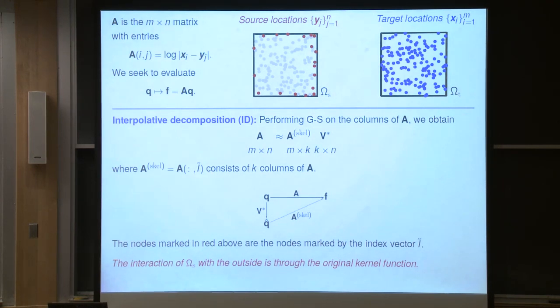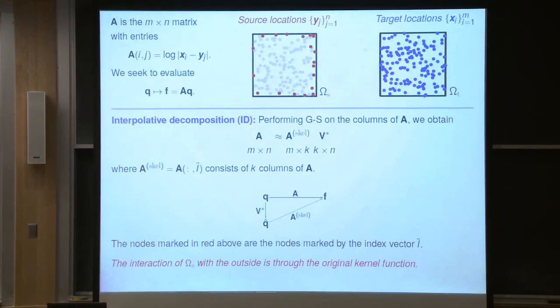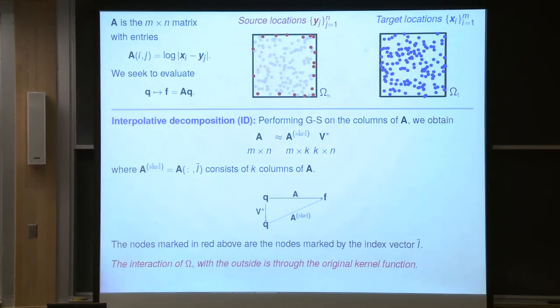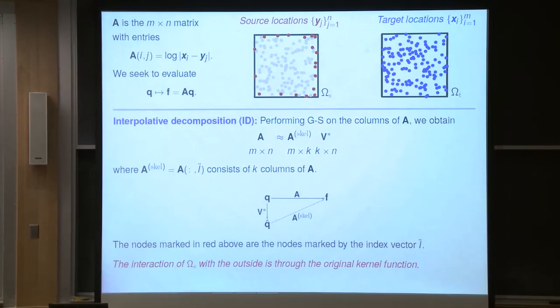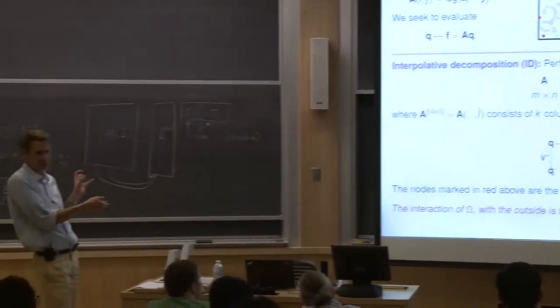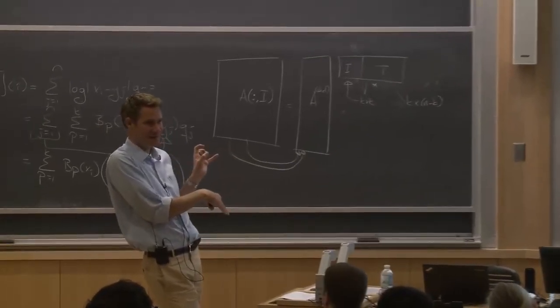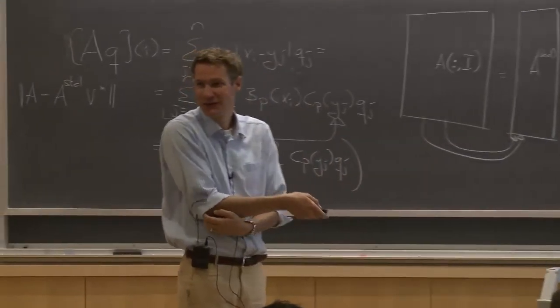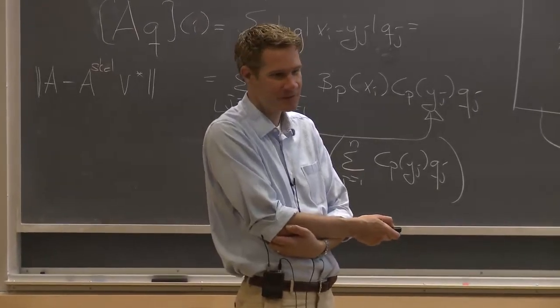So I do this through the original kernel, so the physics of the interaction is exactly the same as the physics of the original problem. The potential I'm evaluating at the blue points is exactly the potential induced by a number of point sources at the red points. This is the main advantage of using interpolative decompositions in this context.